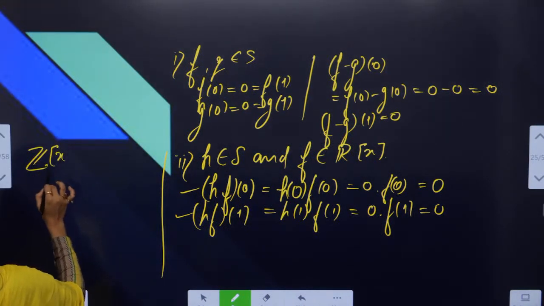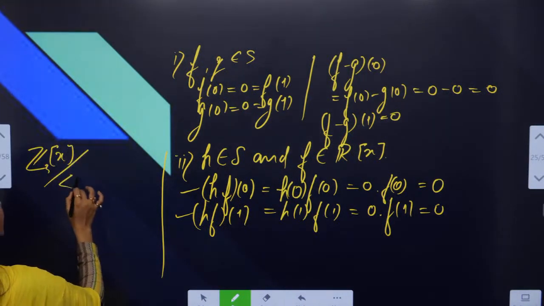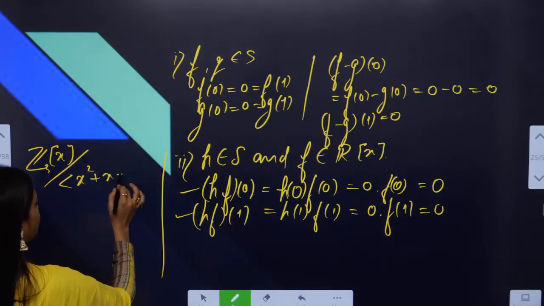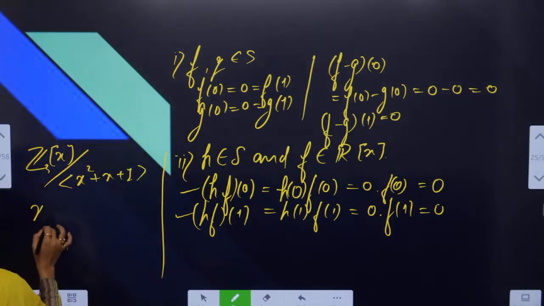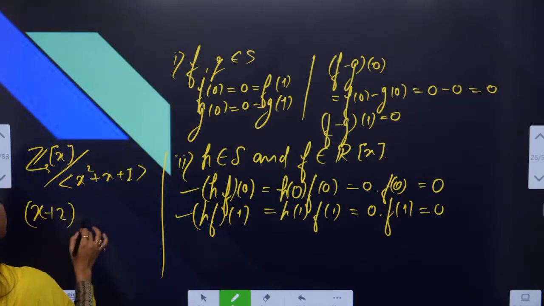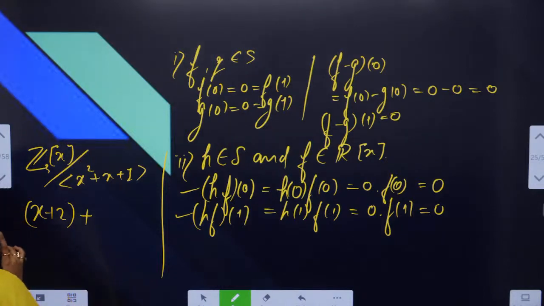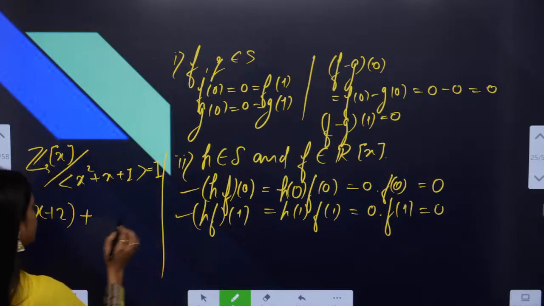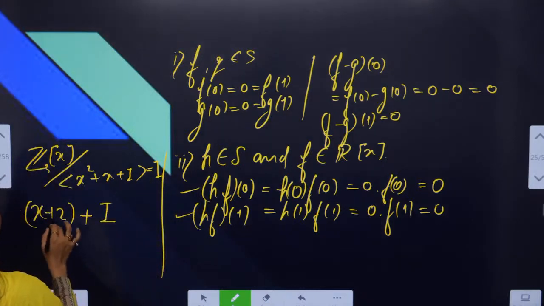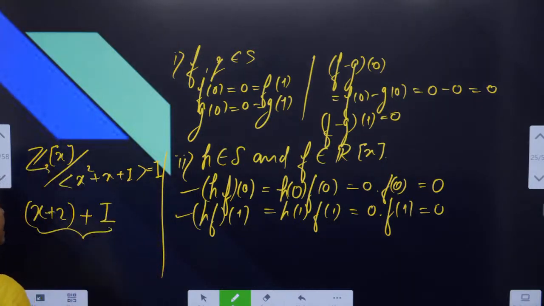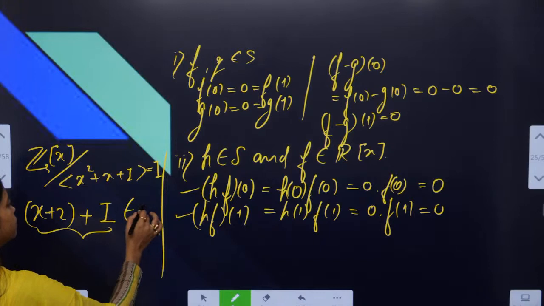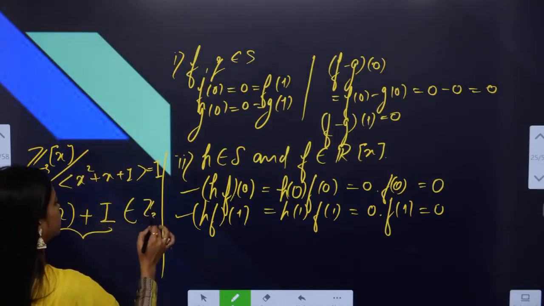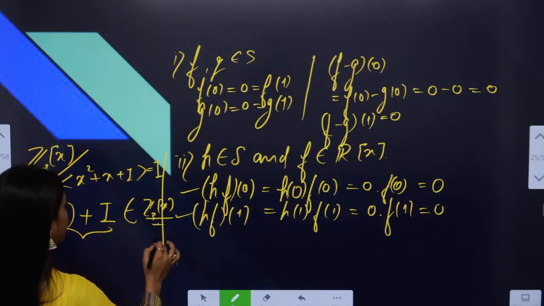You can take this example, Z3x over x square plus x plus 1. Start with x plus 2. Let us say this is the ideal I. It belongs to Z3x by I, right?